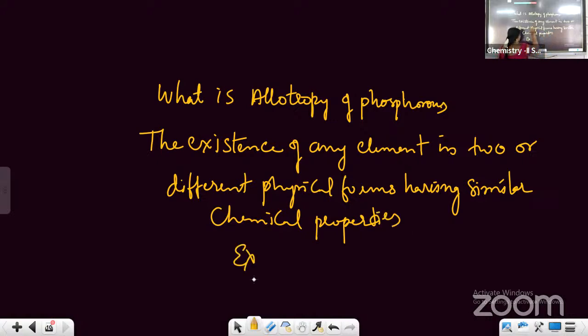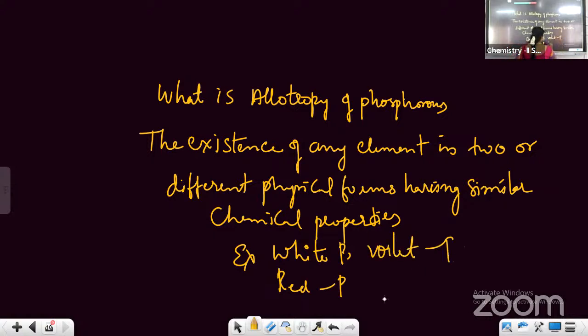Example, they are asking for phosphorus. So you have white phosphorus, red phosphorus, violet, scarlet, etc. Okay, so this is also important, students.